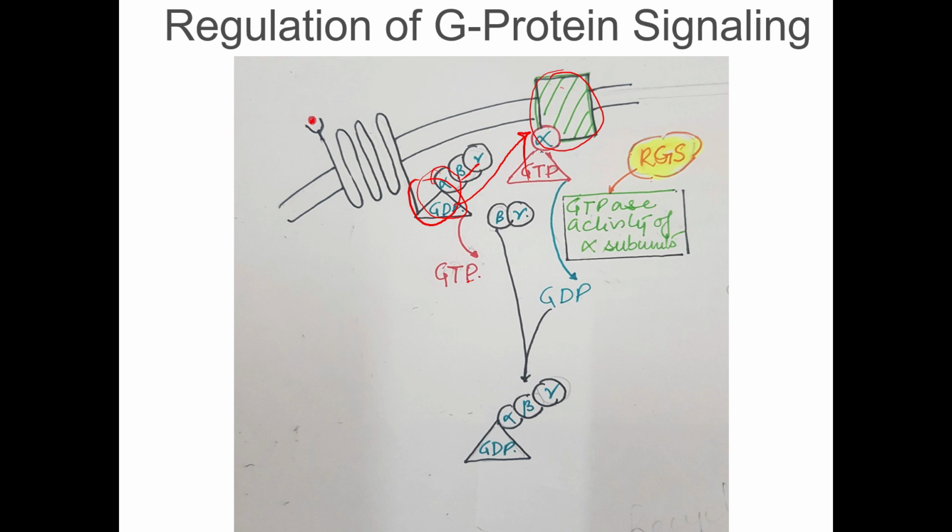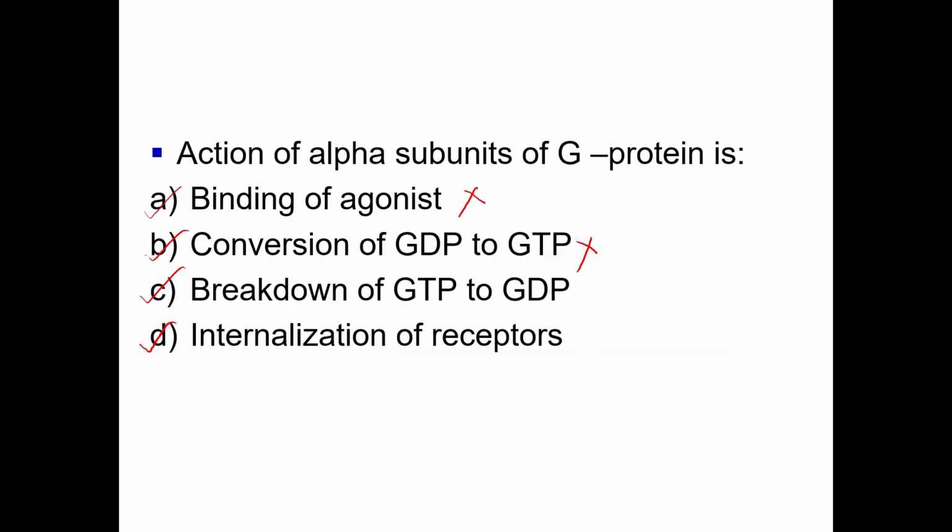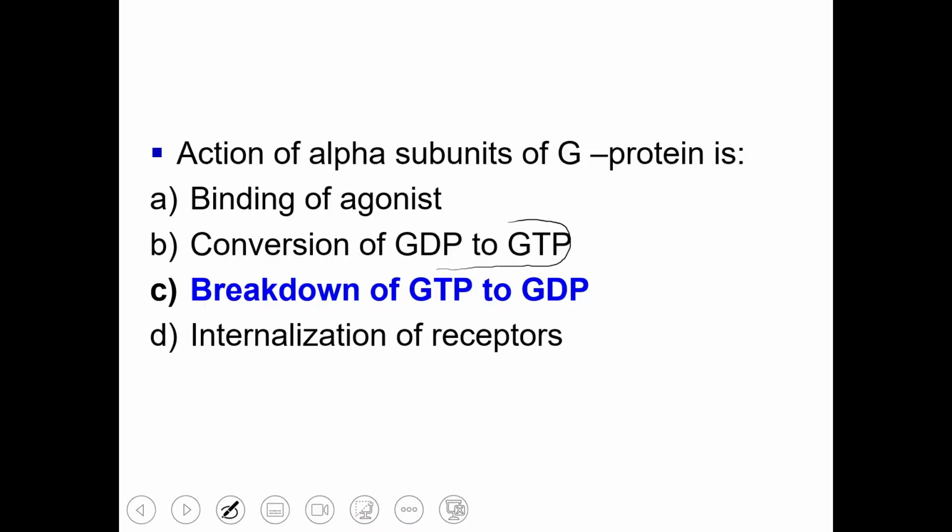The alpha subunit has GTPase activity. So this is going to cause a breakdown of this GTP into the GDP. So the right choice is this breakdown of GTP to GDP. This is the correct choice. Internalization of the receptor is also a wrong choice. So the right choice is breakdown of GTP to GDP.